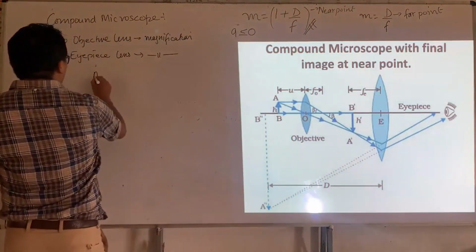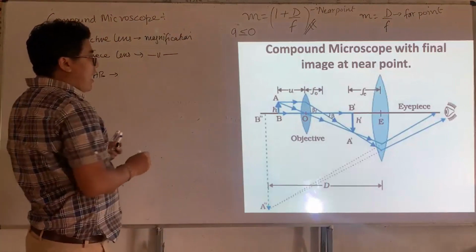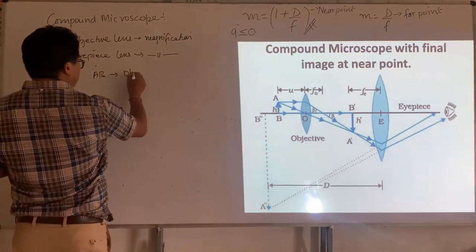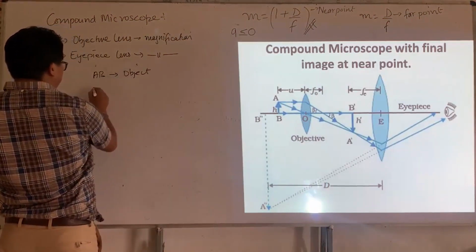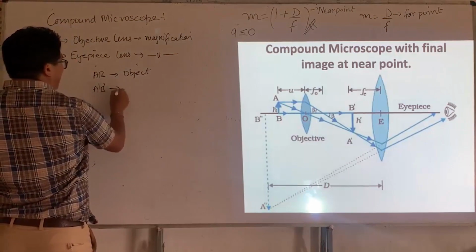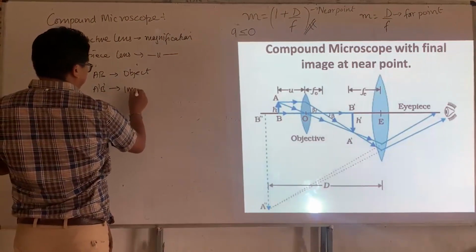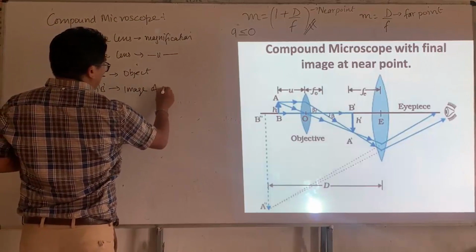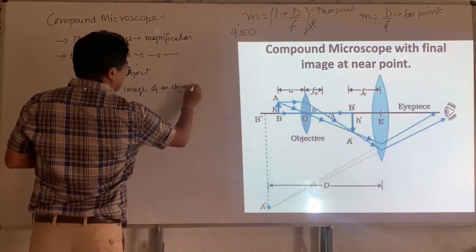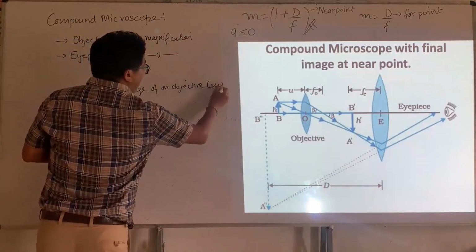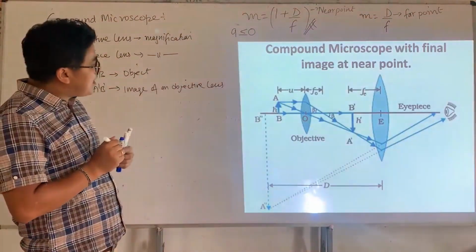So AB is the object, with some object height, and A prime B prime is the image formed by the objective lens, which is enlarged.